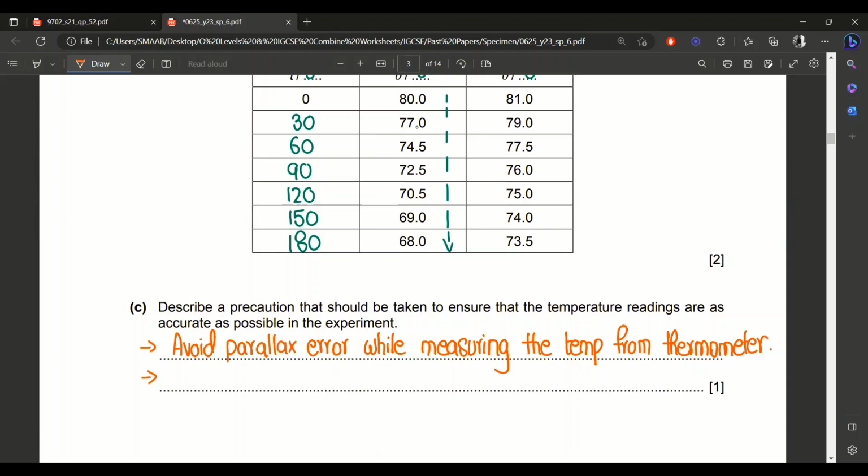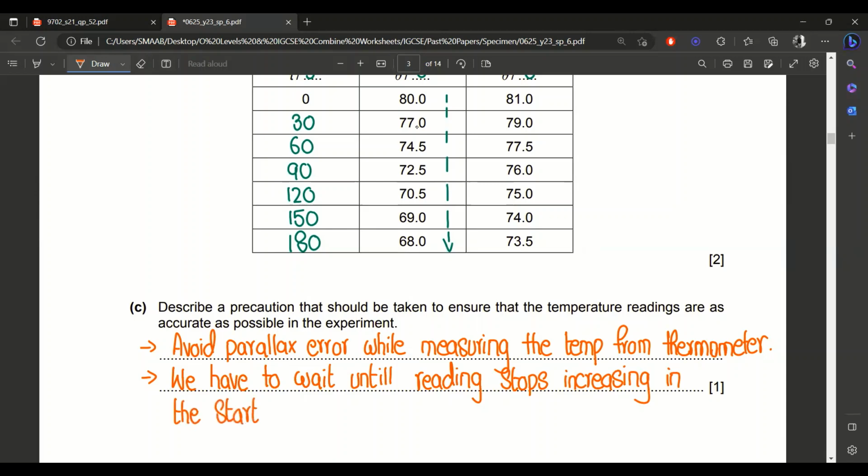So the second one is that we have to wait until the reading stops increasing in the start of the experiment, right?